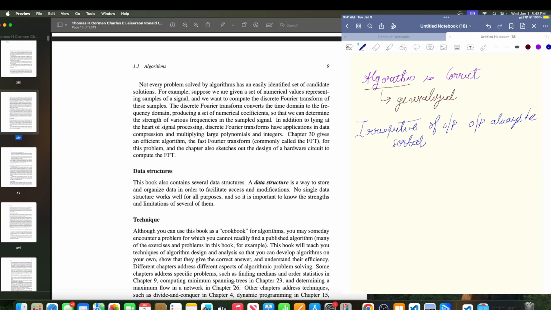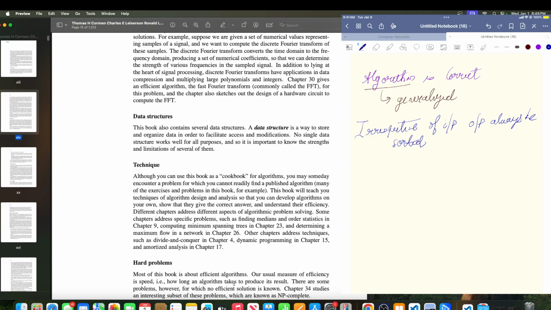Now, data structures. This book also contains data structures. A data structure is the next important thing; it is basically a way to store and organize data. Although you can use this book as a cookbook for algorithms, you may someday encounter a problem for which you cannot readily find a published algorithm.